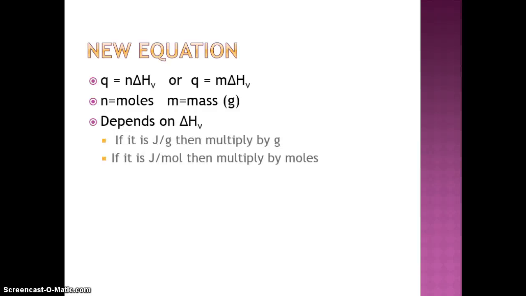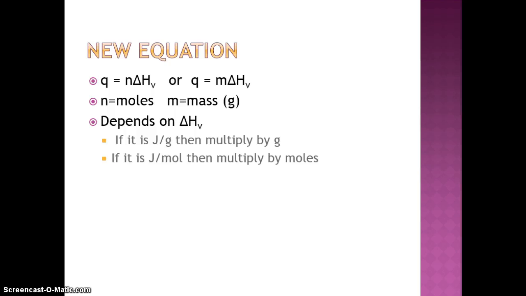Well, that depends on the units given in your delta H value. Delta H values are constant, and you can look them up on the internet, but sometimes they're given in different units. So if you look up a delta H value and it's given to you in joules per gram or kilojoules per gram, then to find the joules, you're going to need to multiply by grams so that the grams cancel and you're left with joules, which is the energy unit for heat.